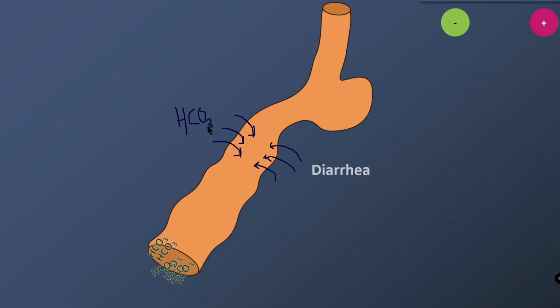So ultimately in plasma, bicarbonate will decrease. And when bicarbonate is decreased, we call this condition metabolic acidosis, right? But there is no concurrent increase in unmeasured anion or any other ion, right? So there will be normal anion gap metabolic acidosis, right?